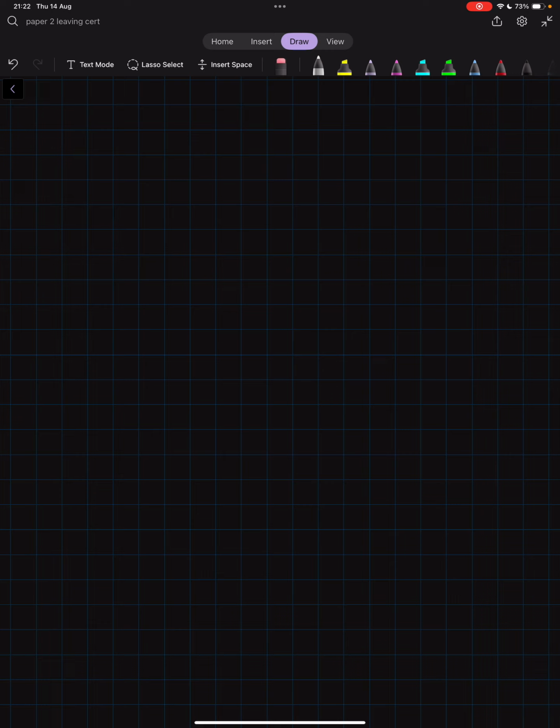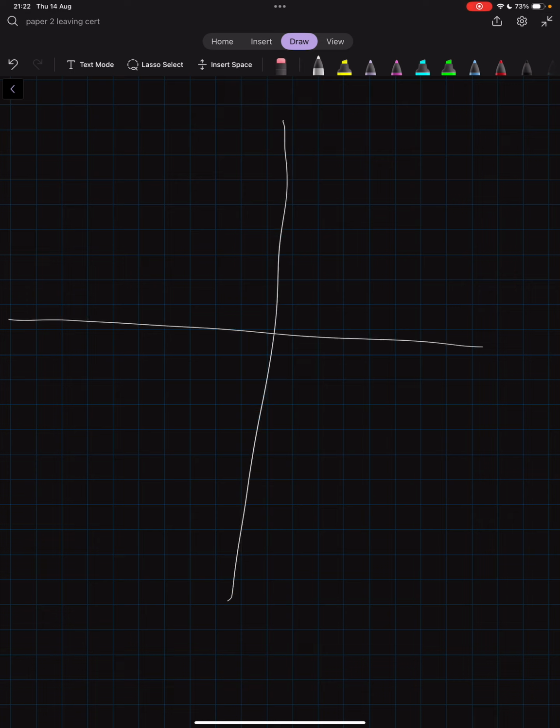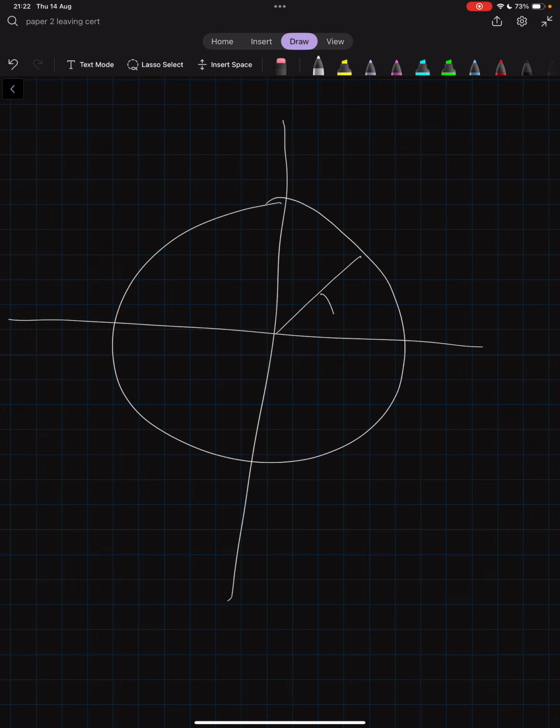Now, the next thing to look at is where sine and cos are positive and when they are negative. Remember, you always measure theta from this angle here.